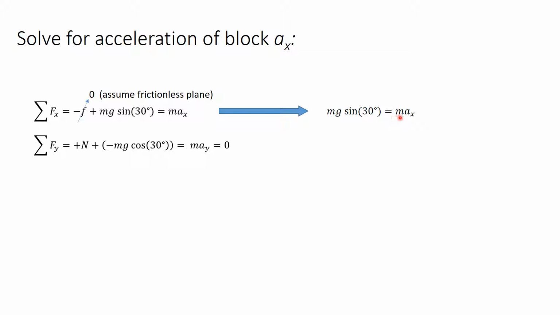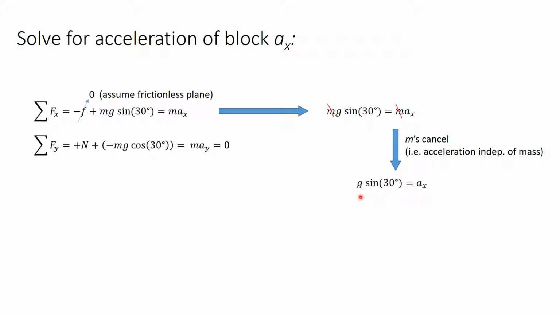And so we should be able to solve for a_x without knowing the mass, in fact, of the block, because you can see that the mass is on both sides of the equation, which means that the mass cancels. So the mass cancels and we're left with the acceleration down the incline being equal to g sine of 30 degrees.